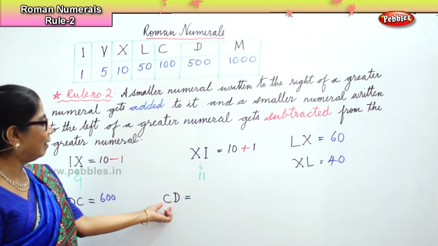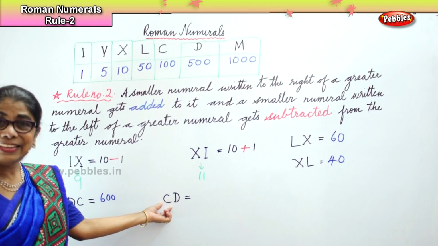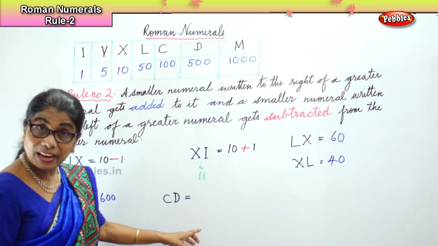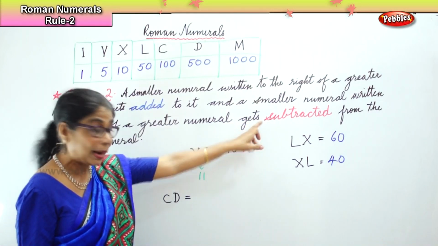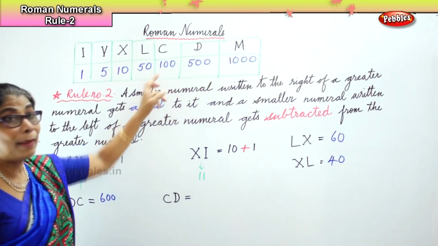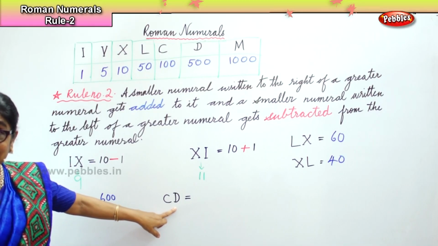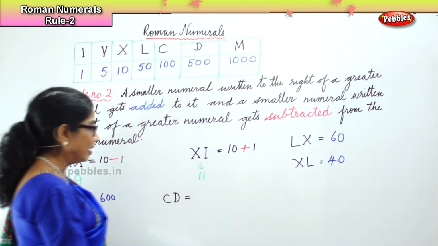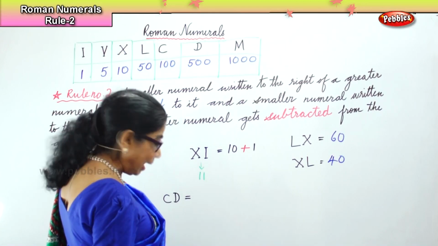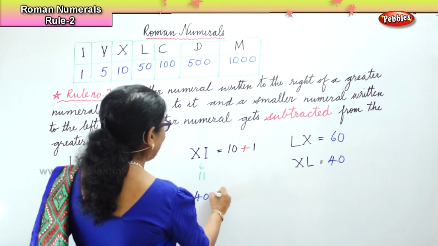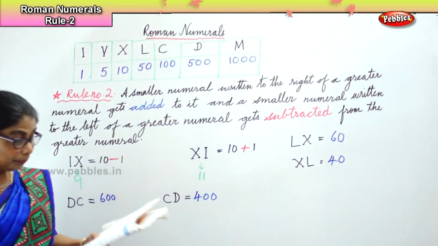So 100, the character C, written to the left of the big number 500, automatically gets subtracted. So 500 minus 100, what do we call this? C and D together? 400. Very good. So when you write C and D, that's called 400. Understood?